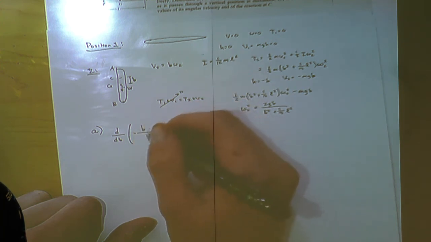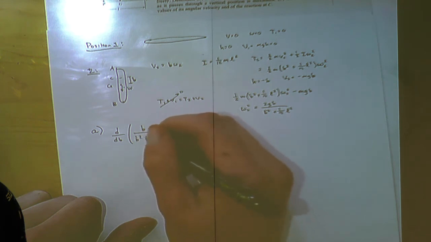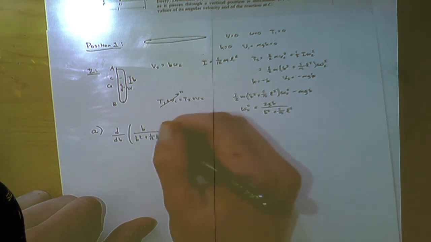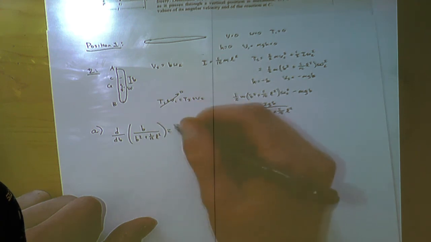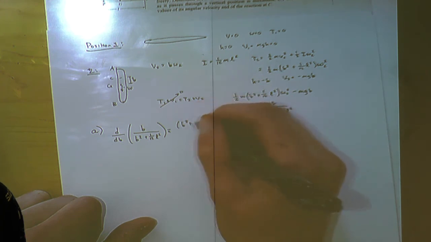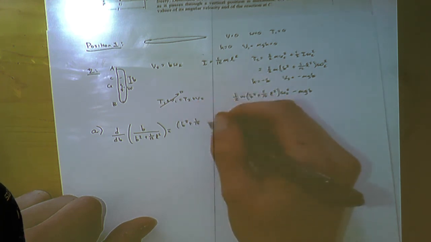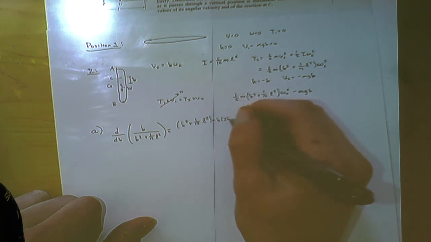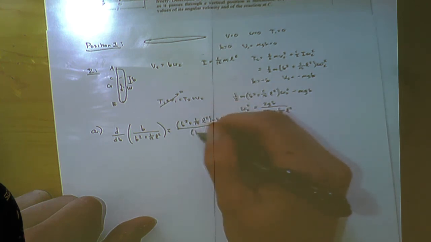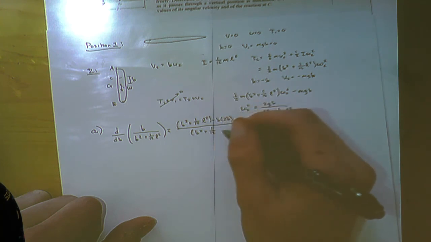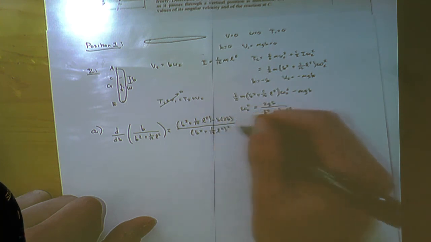So we get b over b squared plus 1/12 L squared is equal to b squared plus 1/12 L squared minus b times 2b, over b squared plus 1/12 L squared squared.